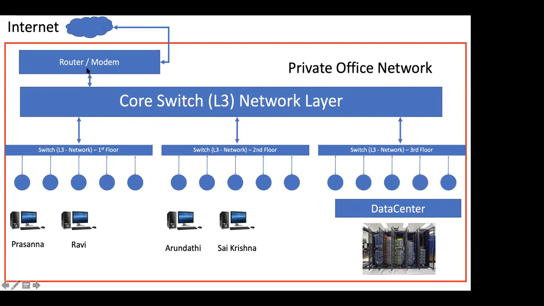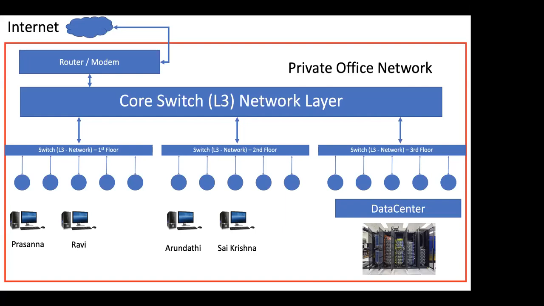Then it forwards the packet to the router, the router forwards it to the modem, and the modem sends it to the internet. That is the difference between a private network and having an interface to the outside world through a modem, router or gateway.